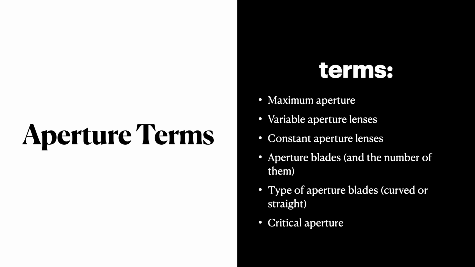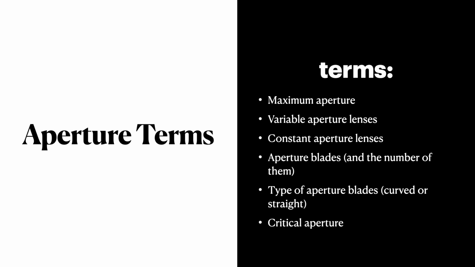So if you're working with a 70 to 200 millimeter lens, I apologize, I don't have a picture of that up right now, but if you can just picture a 70 to 200 millimeter lens with a variable aperture of 3.5 to 5.6, what that means is when you are at 70 millimeters as far as your focal length, the widest open that your lens can go as far as your aperture is 3.5. If you are at 200 millimeters in focal length, the widest open that your aperture can go is going to be 5.6.